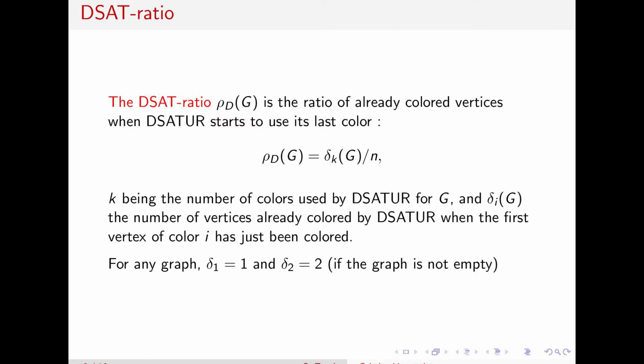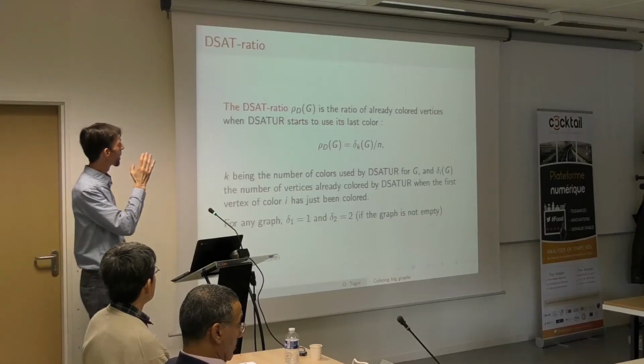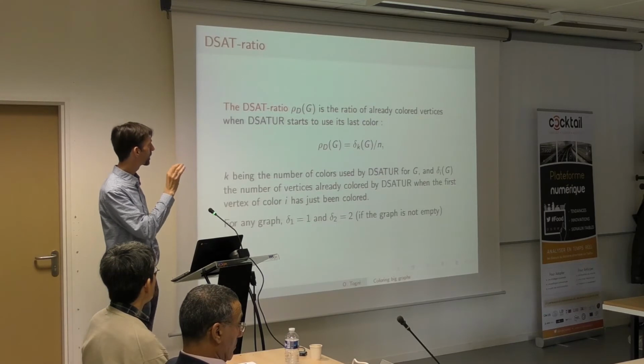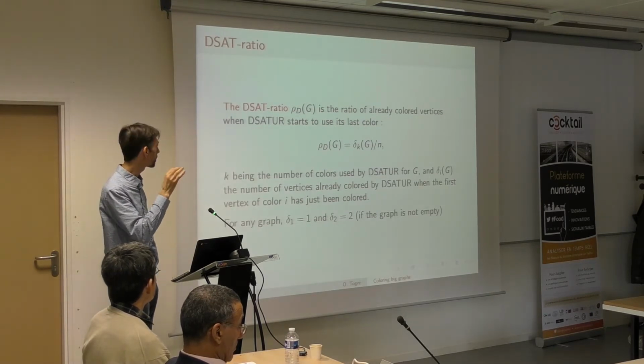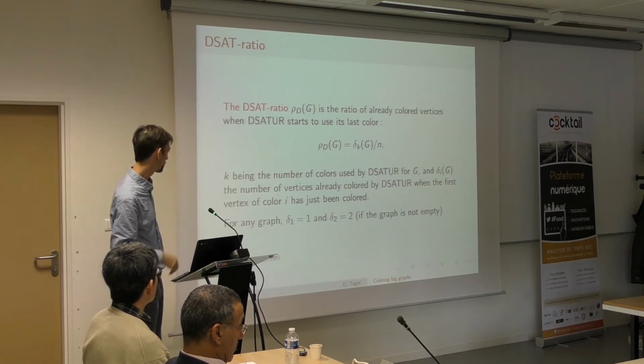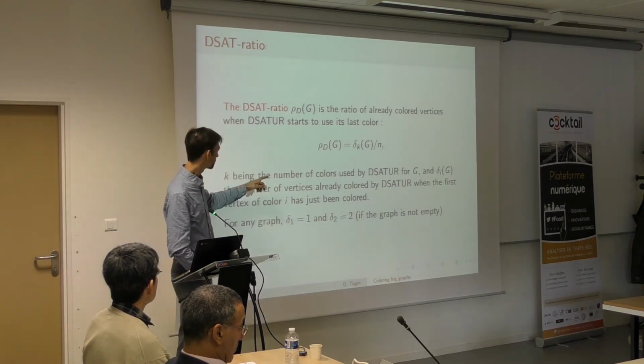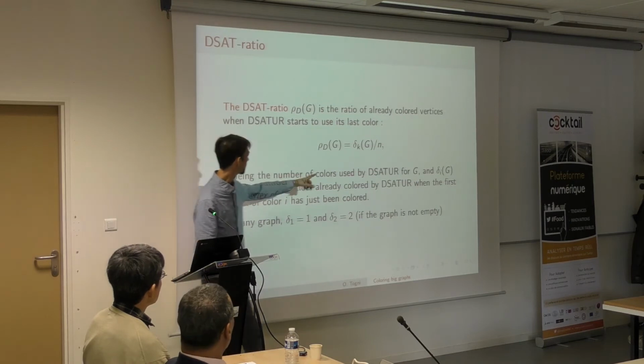Well, so for this algorithm, which colors the vertices in sequence, we can look at the time when the algorithm has to use the one color for the first time, which is, yes, this value.